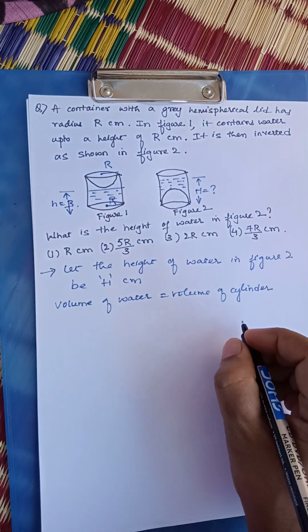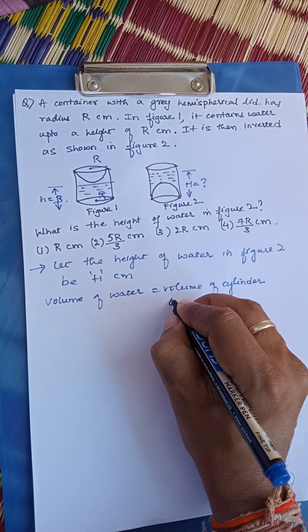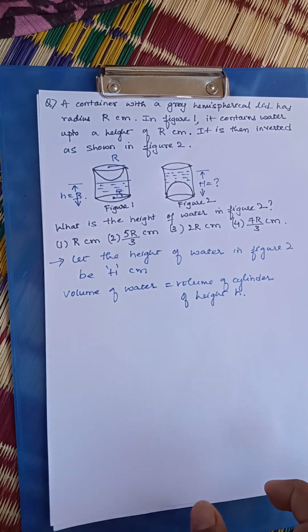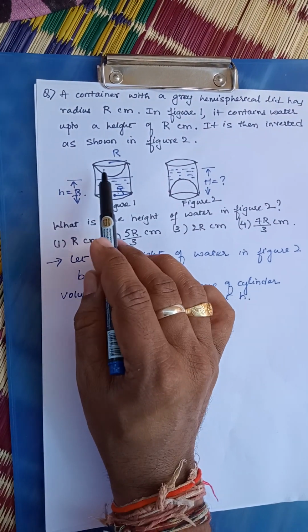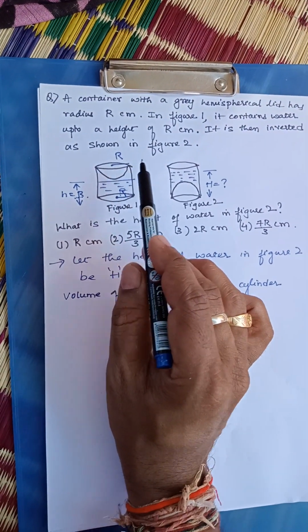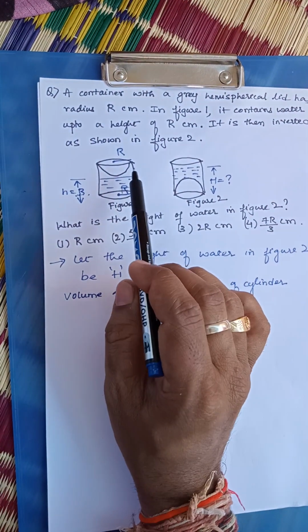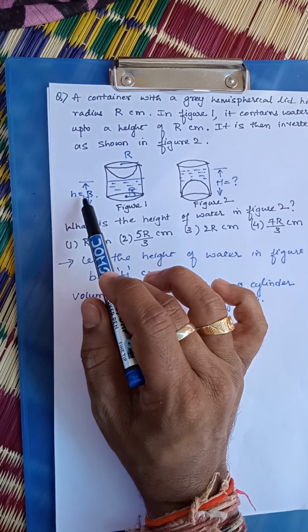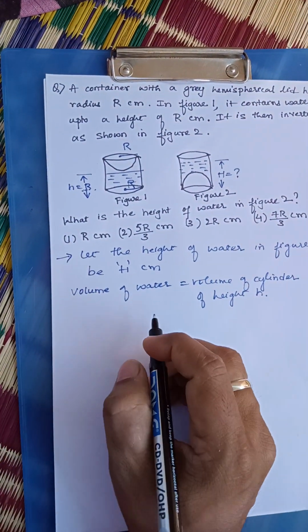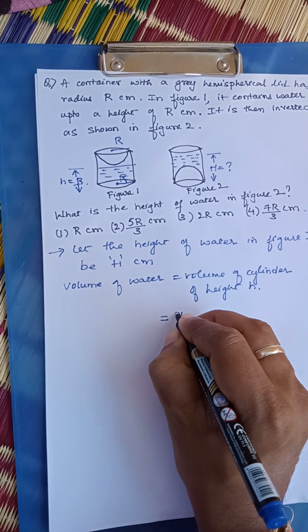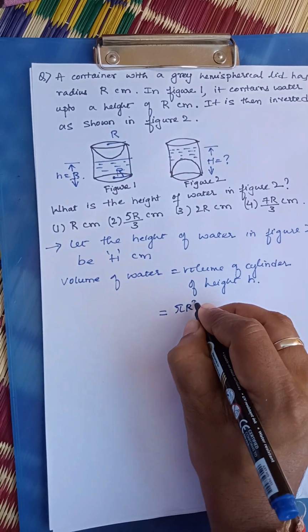So volume of cylinder of height h. Remember the water is not up to the brim, so that's why we are not taking the height of the cylinder, rather we are taking the height of the water, which is h, which is also equal to r as per the question. Now volume of cylinder is pi r square h.